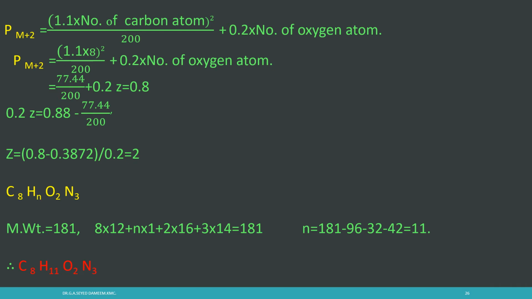So far we have determined the number of carbon atoms as 8, number of oxygen atoms as 2, and number of nitrogen atoms as 3. And the number of hydrogen atoms is n.